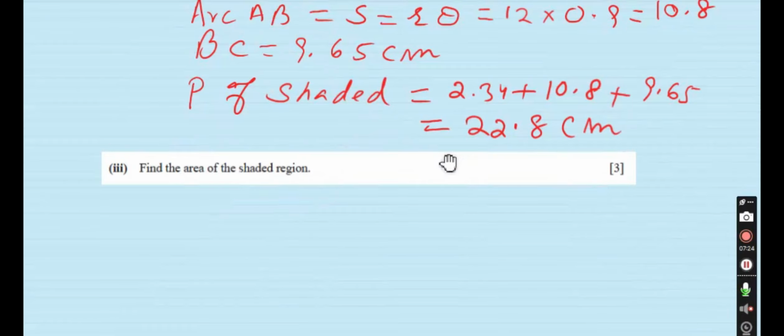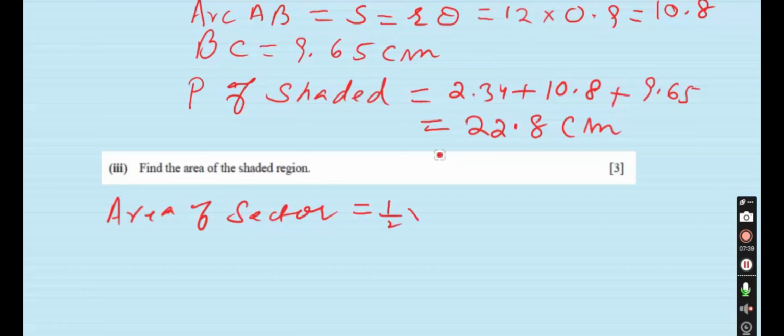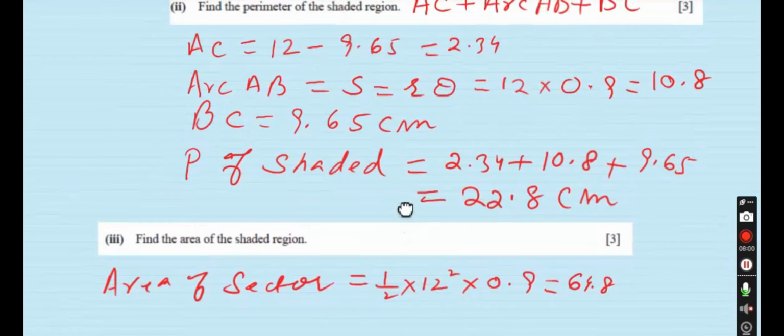So area of sector is equals to 1 upon 2, 12 square, into theta, that is 0.9. Use your calculator, you will get 64.8 centimeter square. This represents the area of the whole shape.